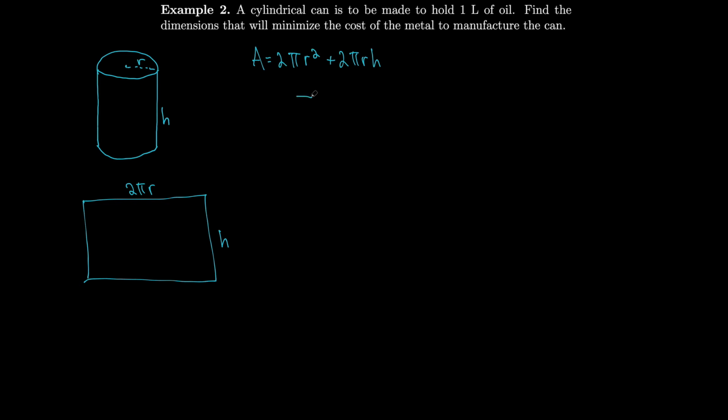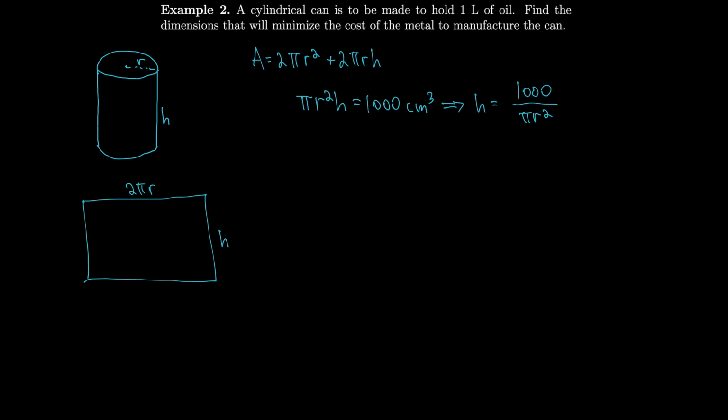So the volume, which is pi r squared times height, the circle at the base stacked up, we can say is equal to 1,000 cubic centimeters. Solving for h gives us that h is equal to 1,000 divided by pi r squared.